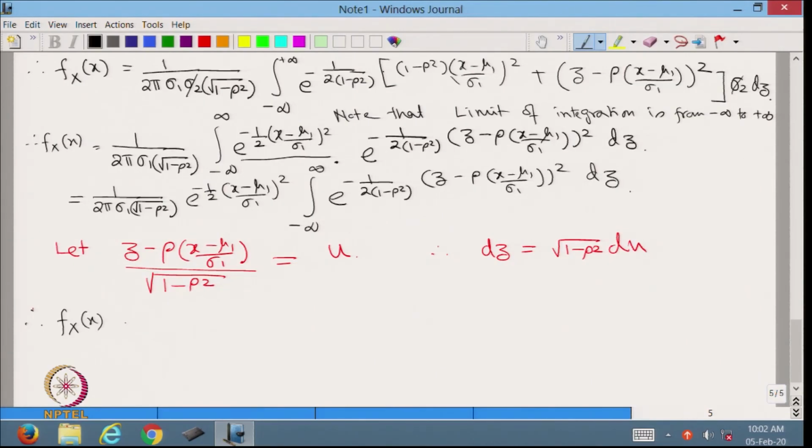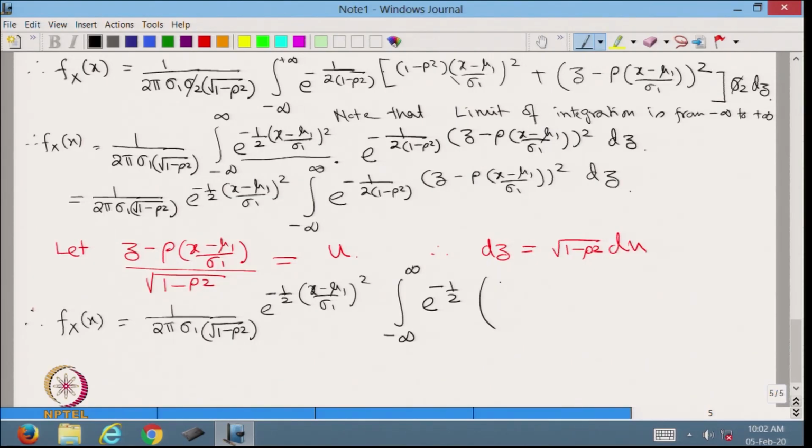Therefore, f_X(x), now we can write it as 1 over 2 pi sigma 1 into root over 1 minus rho square e to the power minus half into ((x minus mu 1) upon sigma 1) whole square, integration of minus infinity to plus infinity e to the power minus half ((z minus rho ((x minus mu 1) upon sigma 1)) upon root over 1 minus rho square) whole square dz.